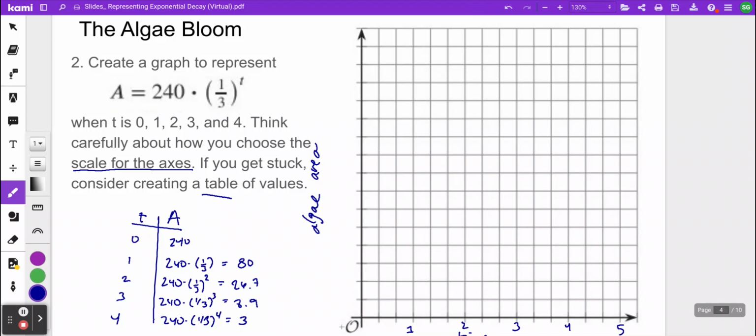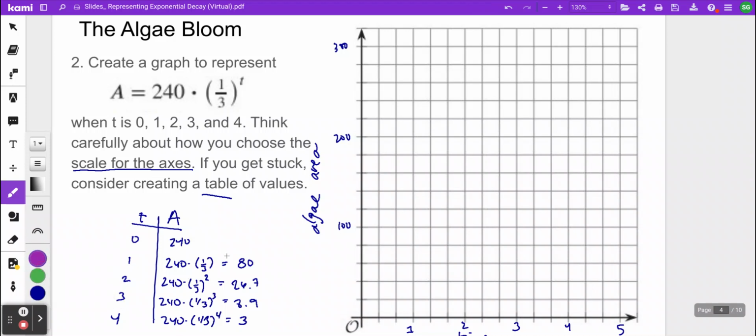If I divide that up, I'm going to go ahead and see 1, 2, 3, 4, 5. Make each box 20. 1, 2, 3, 4, 5. That's 200. 1, 2, 3, 4, 5. That's 300. There's many ways you could do this, but the idea is to fill up the graph as much as we can. So something like this is a good example of how you could set up your graph.